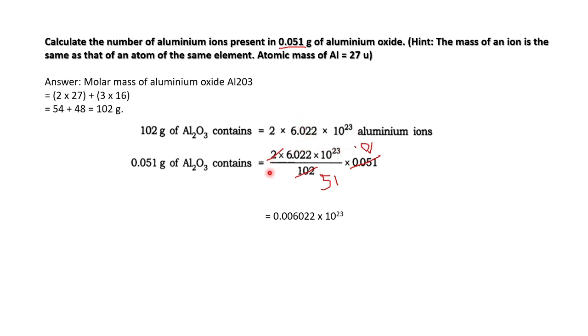So when we divide this, we will get the answer, the number of ions. 2 into 6.022 × 10^23 divided by the molar mass of aluminum oxide, we get 0.00602 × 10^23 aluminum ions. That is the number of aluminum ions present in the given sample.